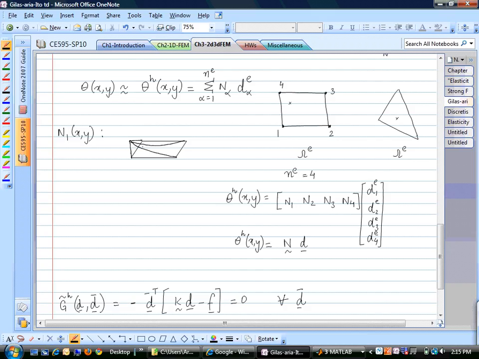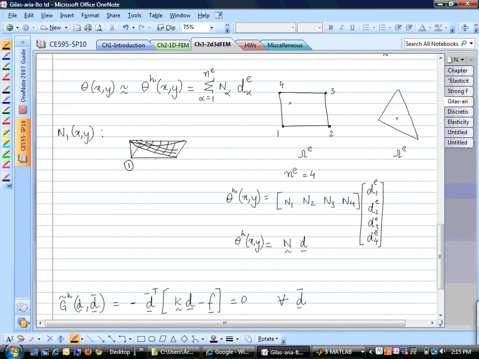It goes to 1 at node 1, and it goes to 0 at every other node. This is what the shape function N1 looks like.